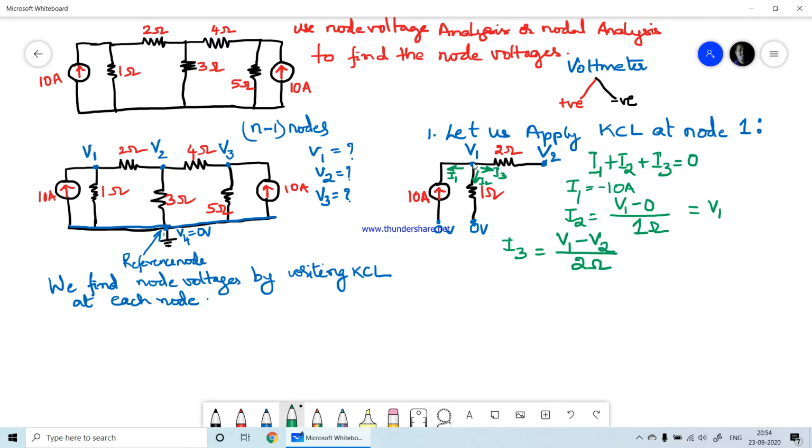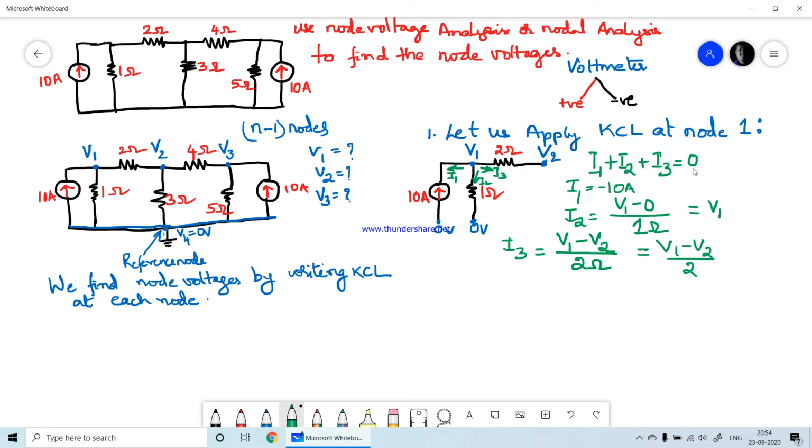So V1 minus V2 is the voltage across 2 ohms. Therefore I3 will be equal to V1 minus V2 divided by 2. V1 minus V2 is the voltage across 2 ohms, and that divided by resistance gives the current I3.